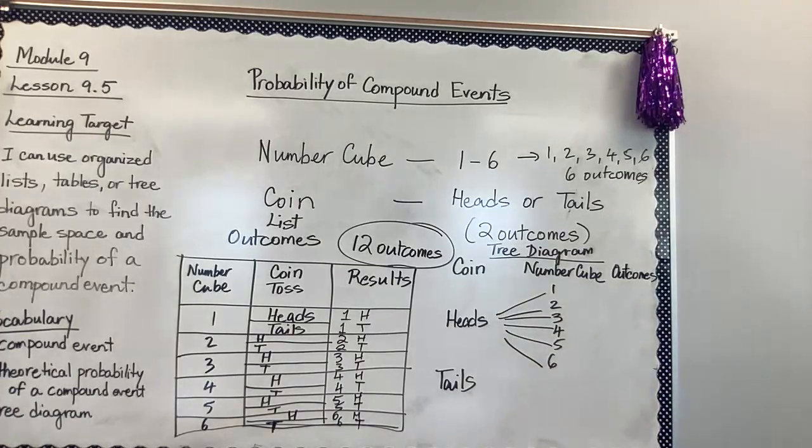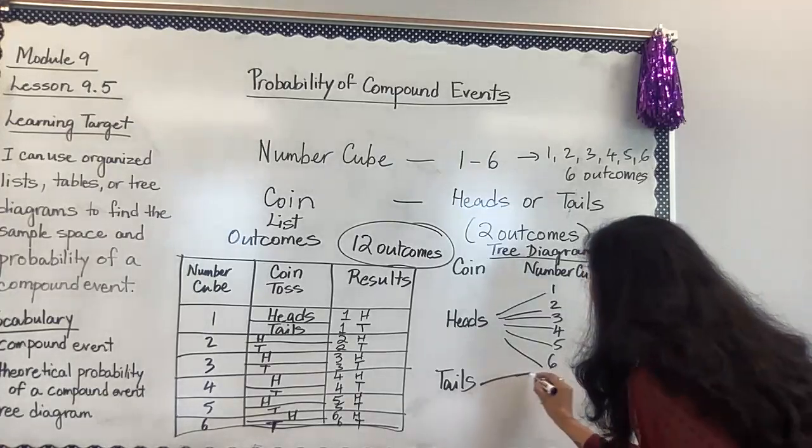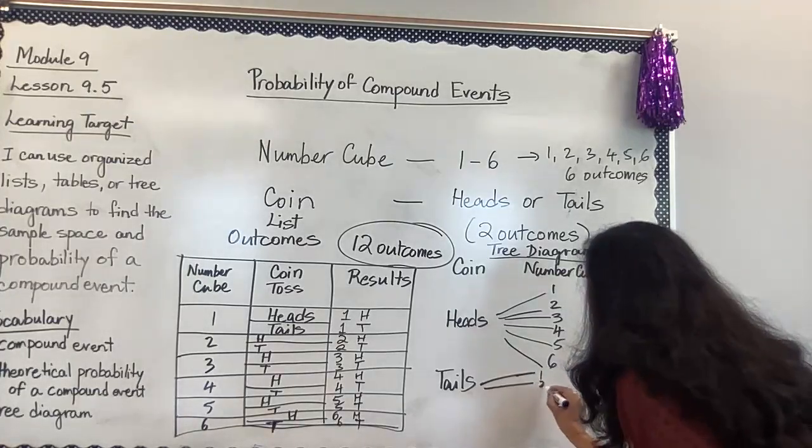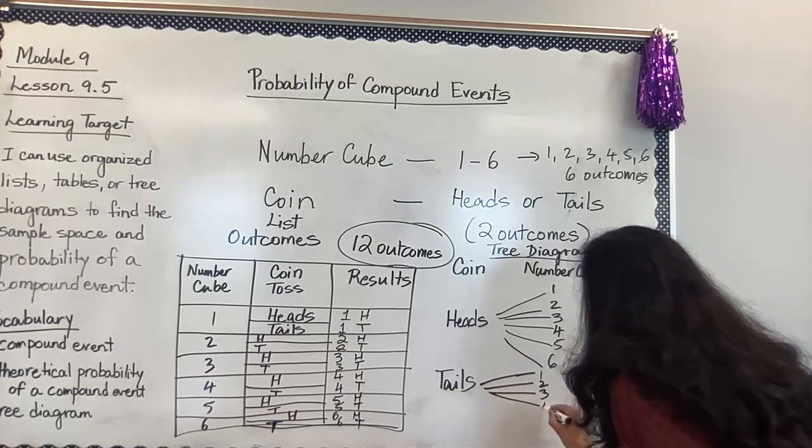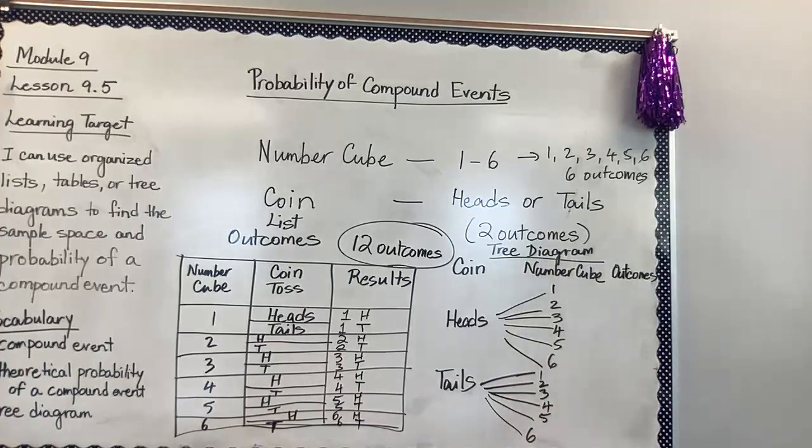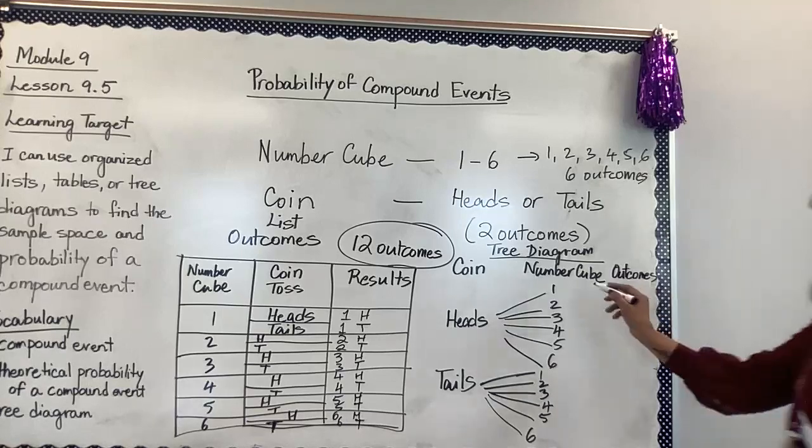Same thing when I'm tossing the coin, for the tails, I can get 1, 2, 3, 4, 5, and 6. And so now I can look at what my outcomes are.